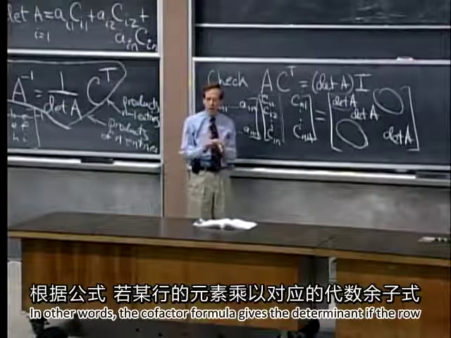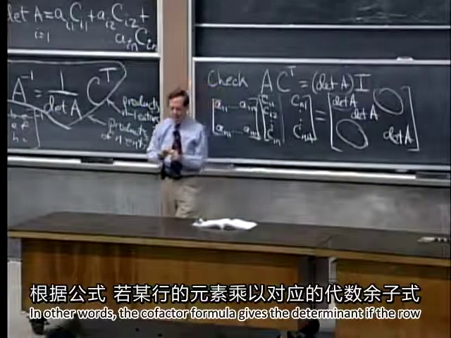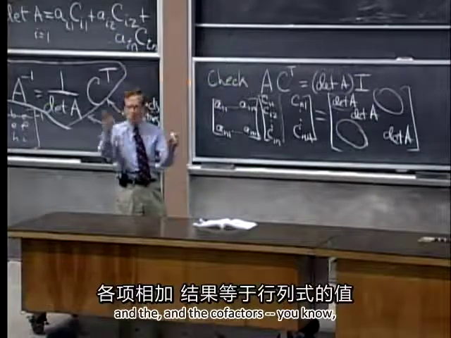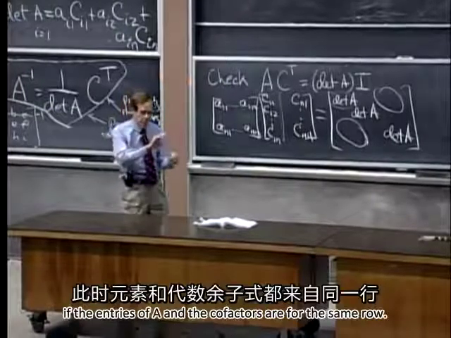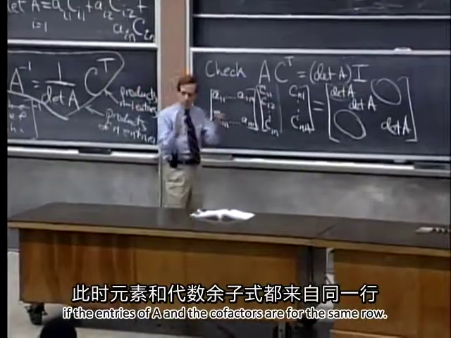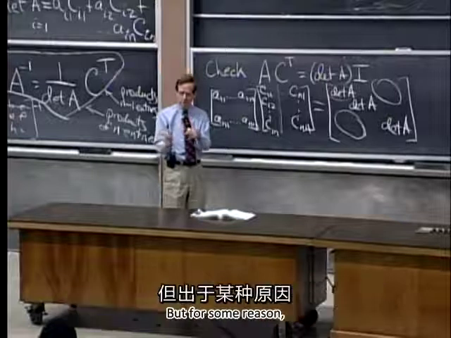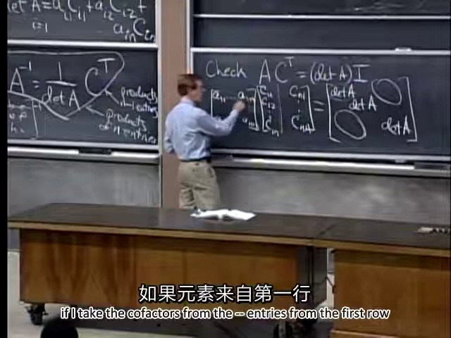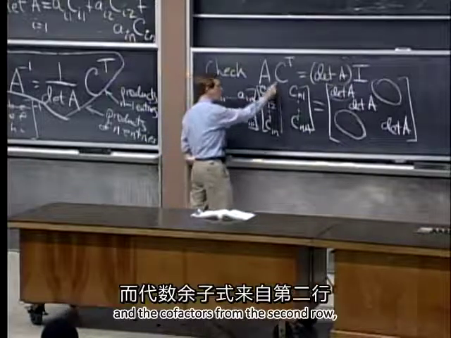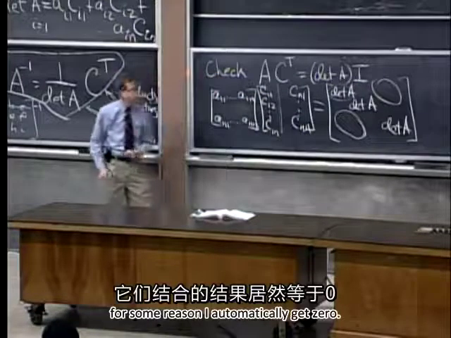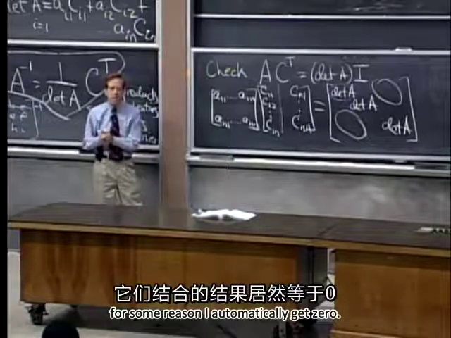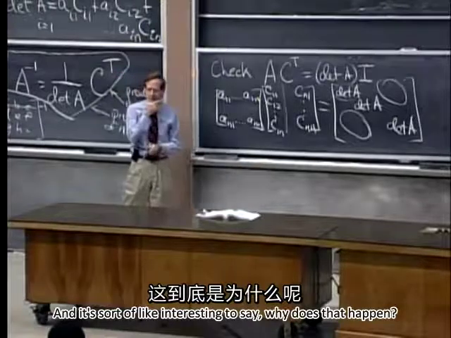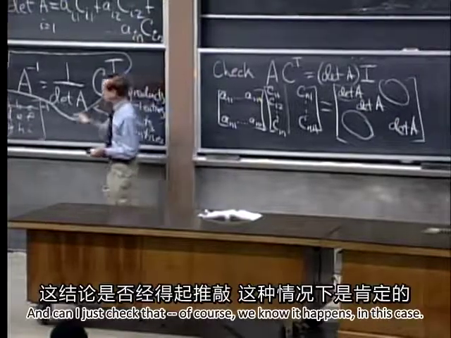In other words, the cofactor formula gives the determinant if the entries of A and the cofactors are for the same row. But if I take the entries from the first row and the cofactors from the second row, for some reason I automatically get 0. It's interesting to ask why that happens.